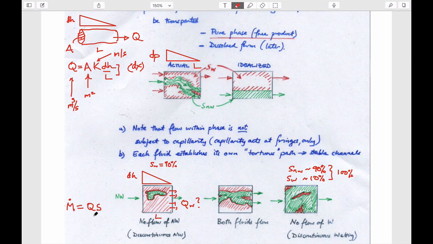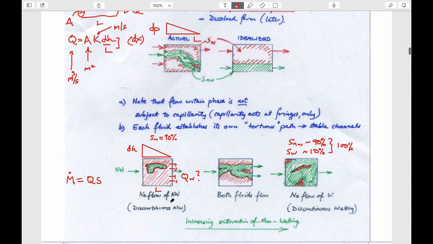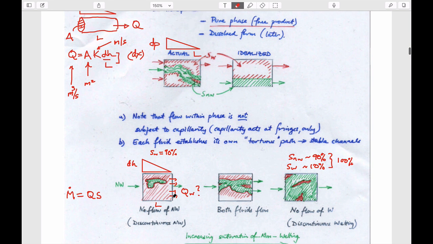If this is the solubility in grams of DNAPL per cubic meter of water, then this would give the mass loading that's carried downstream. So that's the basic reason why we might want to do it. What we're interested in is figuring out the magnitudes of permeabilities. Okay, so that's where we're going.